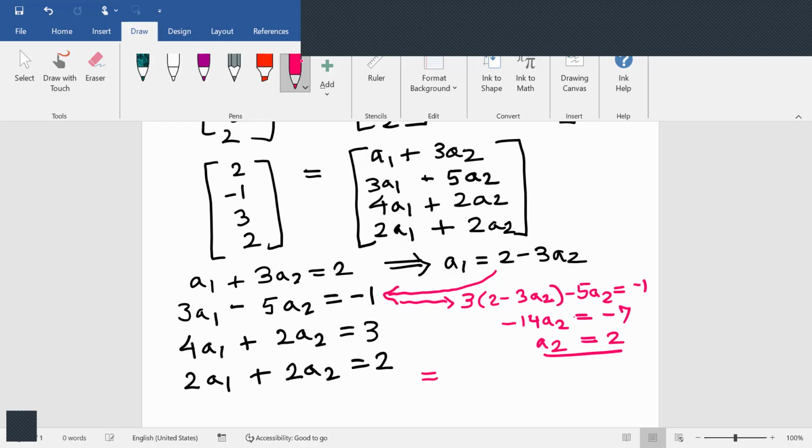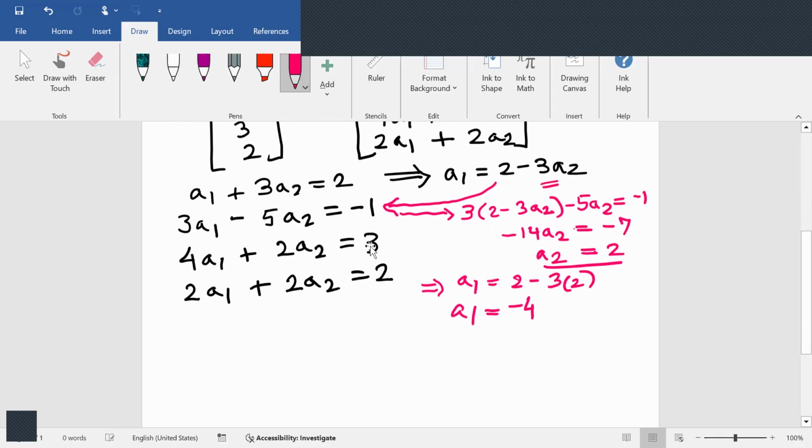So a1 is equal to 2 minus 3 times a2. I'm using this equation now. So 2 minus 6, so a1 is equal to minus 4.